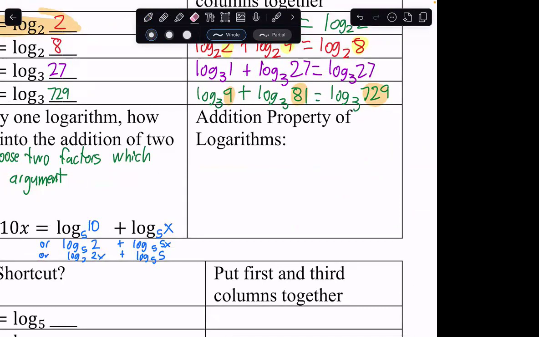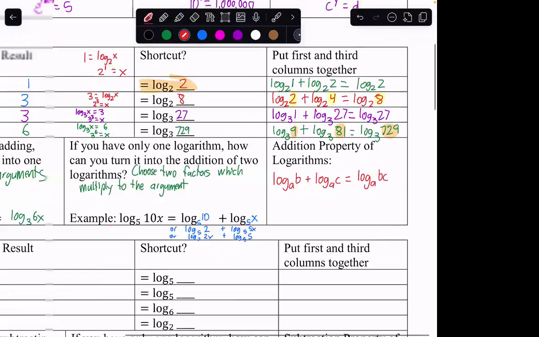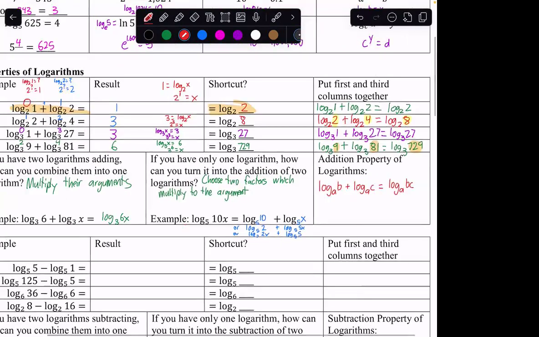If you have log of any base a and any argument b, and you add to it the log of that same base a, but you can have a different argument c, you combine them by keeping the same base a, but then multiplying the arguments b and c together. All right, so questions on anything so far?